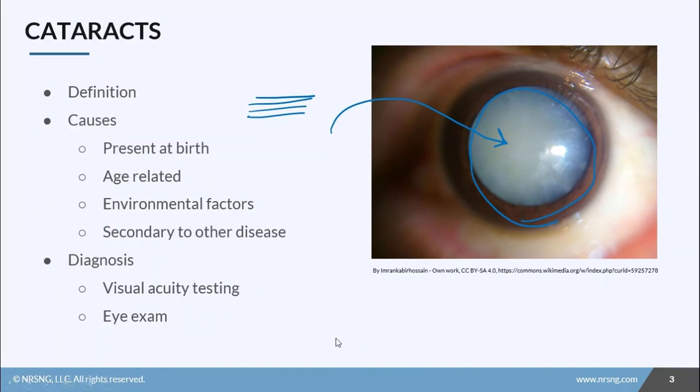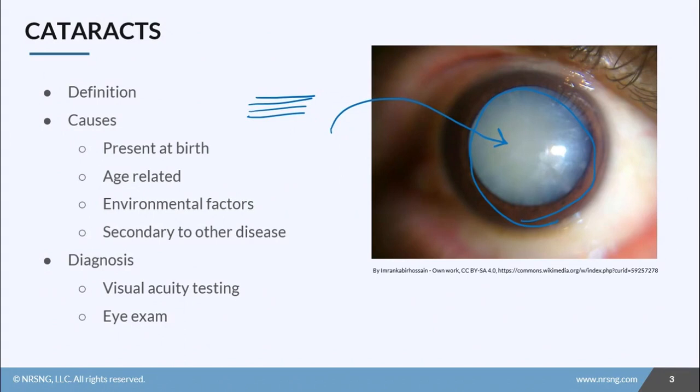Cataracts can also be due to different environmental factors. This could be trauma to the eye, such as a sports injury. If a person gets hit in the eye by a baseball, that can lead to a traumatic cataract. It could also be due to chemicals or toxic agents, such as radiation exposure.